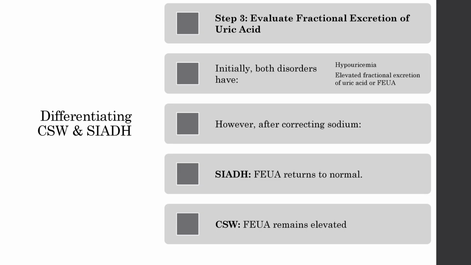Evaluate fractional excretion of uric acid. Initially, both disorders have hypouricemia and elevated fractional excretion of uric acid or FUA. However, after correcting sodium, in SIADH, FUA returns to normal. In CSW, FUA remains elevated. Persistent urate wasting strongly supports cerebral salt wasting.